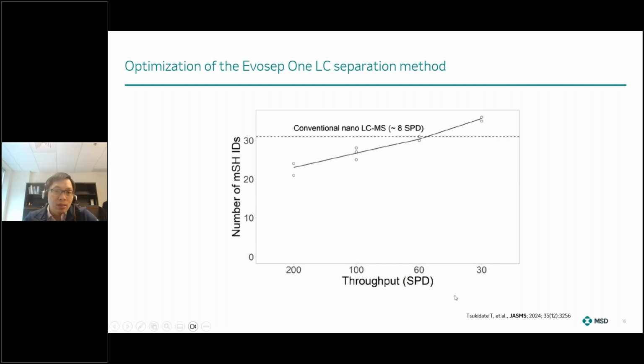This shows the throughput of the ABPP workflow: we run 60 samples per day and achieve similar sensitivity compared to the conventional nano LC system we used in the past, which only ran about 8 samples per day.